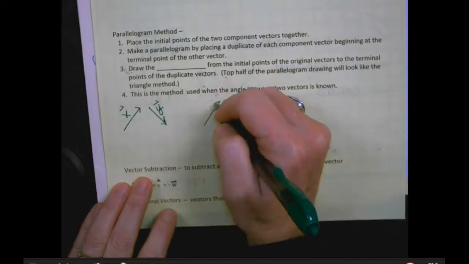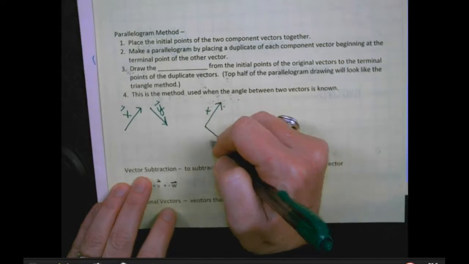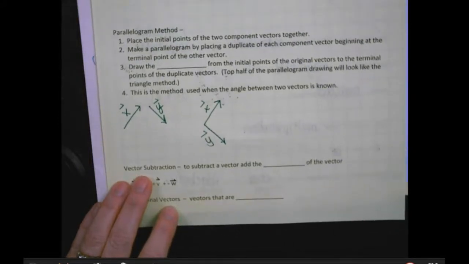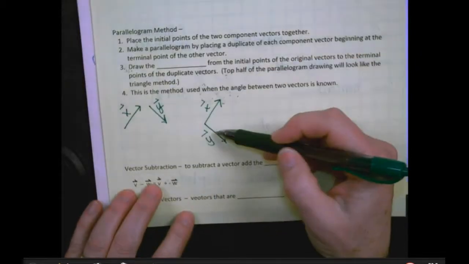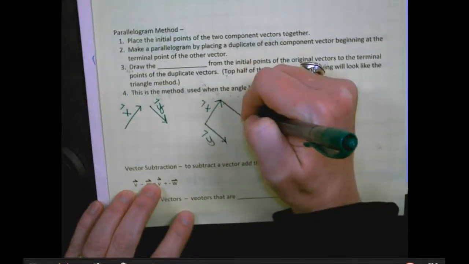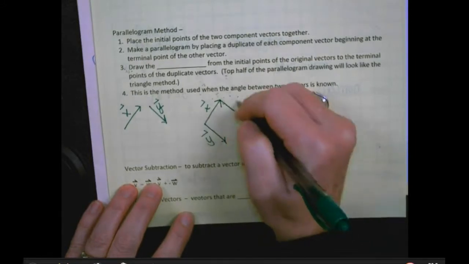So if this is X, and I connect the initial point of Y, it looks like this. Because that's the vector symbol. This is a vector. And so now what I'm going to do is I'm going to put another Y right over here, exactly the same. And the X on this side.